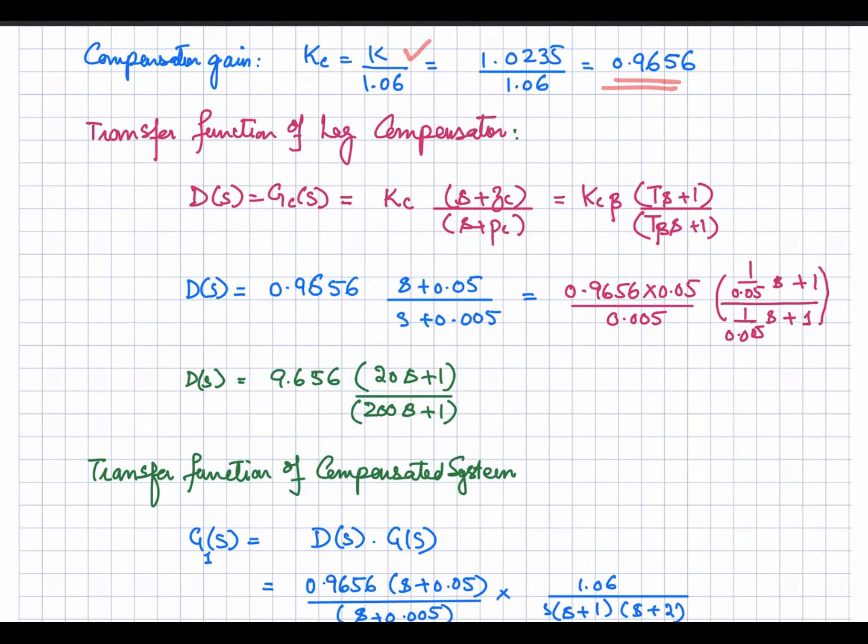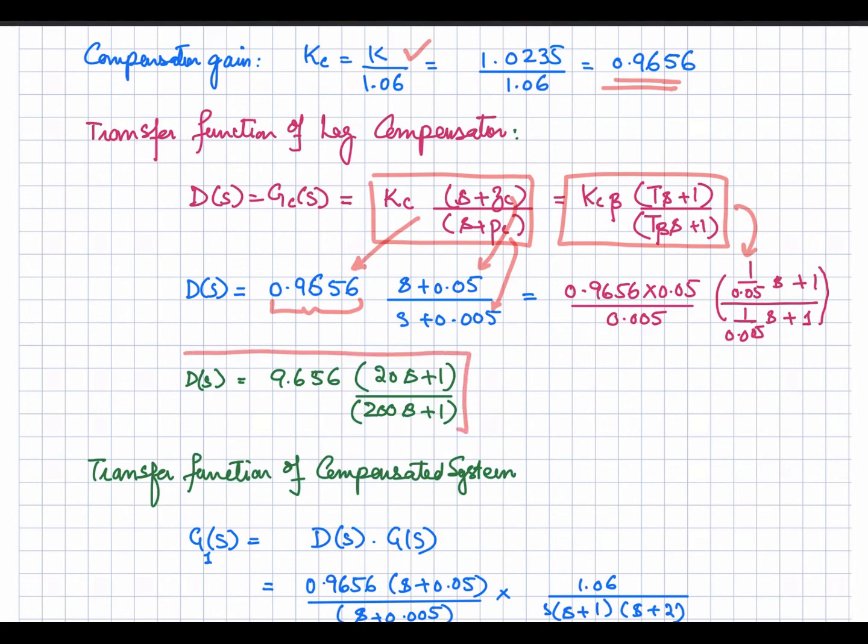The transfer function, as we discussed earlier, is given by this expression, or it can be given by this expression. Using this, I can write that 0.9656 is the gain of the compensator, this is the position of the zero, this is the position of the pole, and in this form it can be written like this. We can also write the transfer function of the compensator like that.